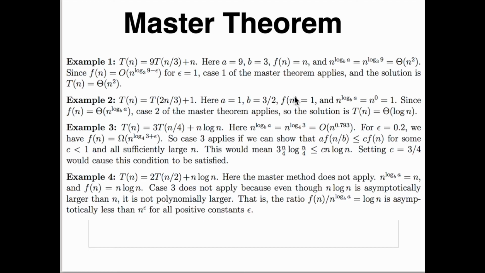Since this is in theta of 1, then case 2 yung mag-a-apply for the master theorem. And so, this is in theta of log of n. Okay, so that's for second case. I will leave the example 3 and 4 for your analysis.